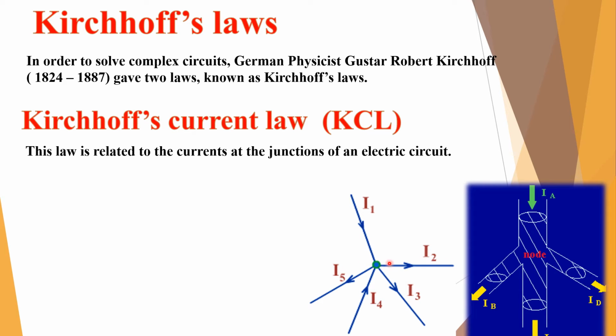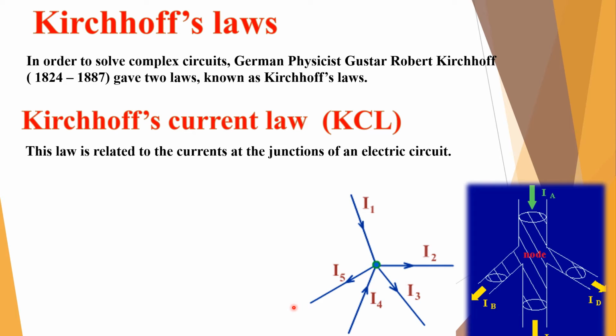Because two or more components of the circuit are connected at this junction point, current is entering this junction as well as leaving this junction. In this figure, current I1 and current I4 are entering or approaching the junction point, but currents I2, I3 and I5 are leaving the junction point.